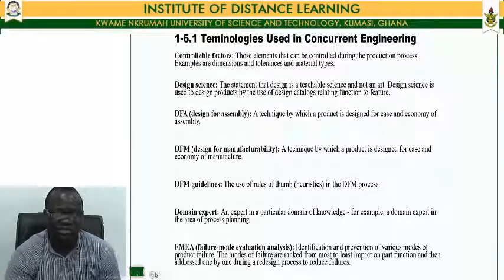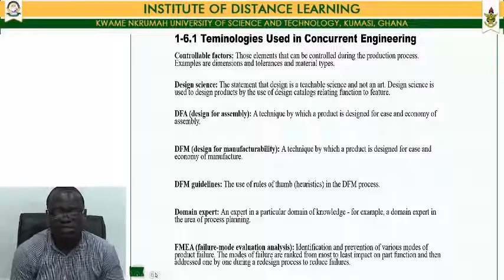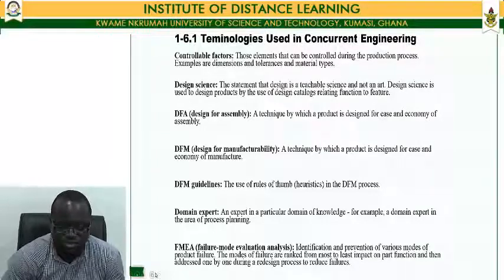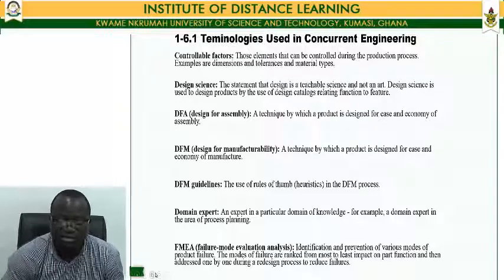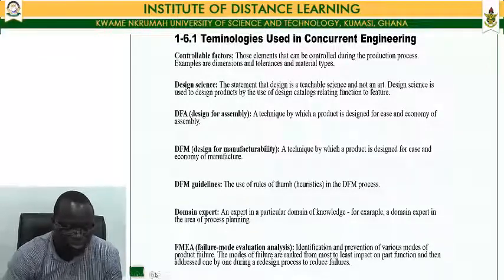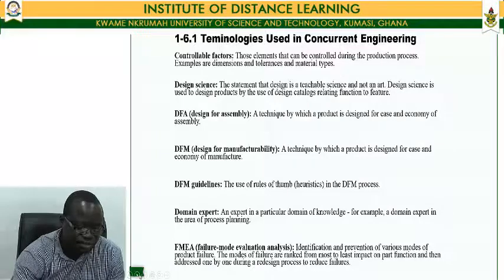So you can use that as a means of redesigning the product, which is failure mode evaluation analysis, where we are identifying and preventing the various modes of failure, and you can use that technique to map out and redesign a product.